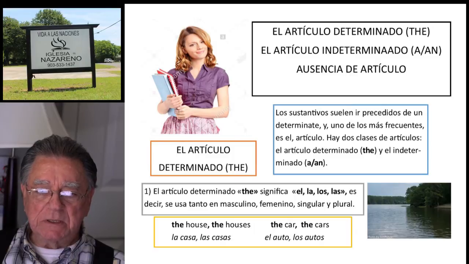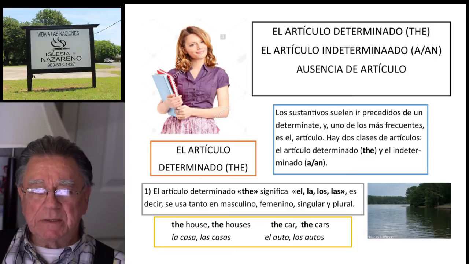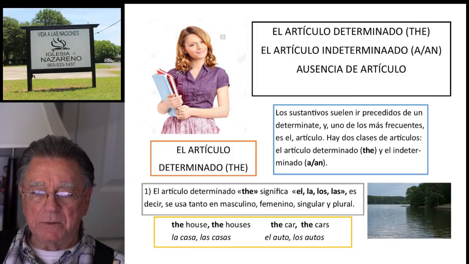Continue on with the lesson. And we're going with the... en Spanish se dice el artículo determinado y el artículo indeterminado. And then the third portion of it will be esencia de artículo.